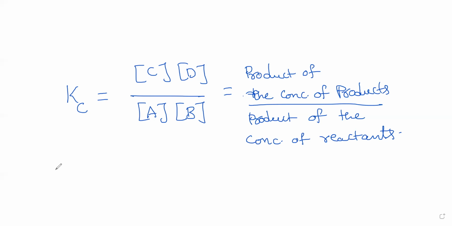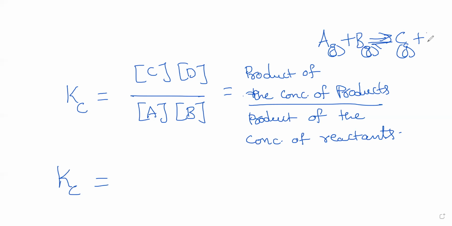So this is called Kc. For which kind of reaction is it? A gas plus B gas gives C gas plus D gas. When can we write this? This we can write only for equilibrium reactions.